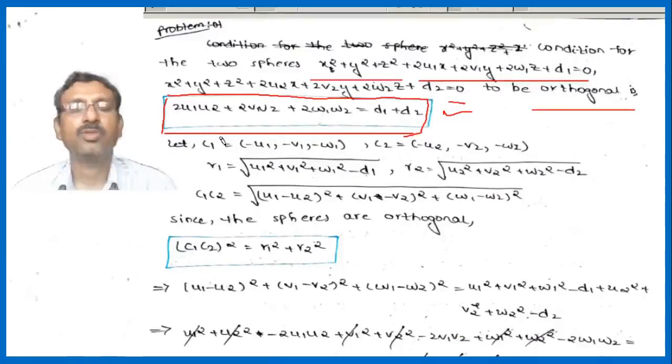So I am taking the center of the first sphere, that is minus u1, v1, w1, and of the second sphere minus u2, v2, w2, and R1 and R2 taken from the formula, and the distance between C1 and C2. Here I used the square root of (x1 minus x2) whole square plus (y1 minus y2) whole square plus (z1 minus z2) whole square.